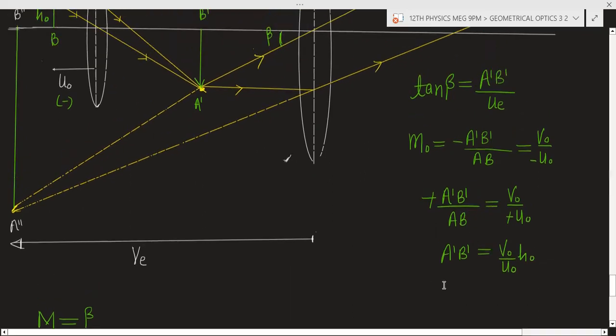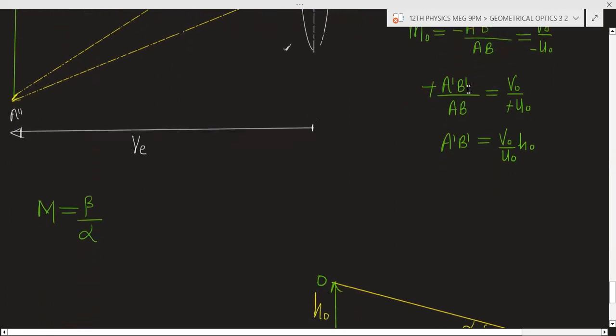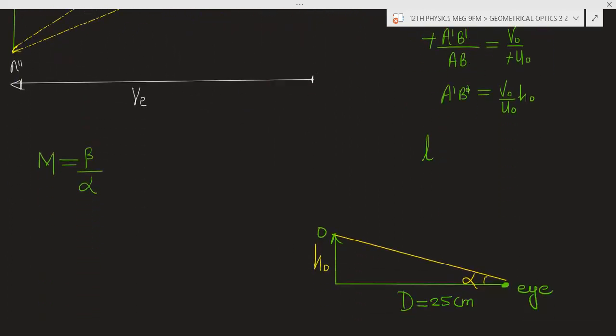Now put this A dash B dash in tan beta. When you put this in tan beta, you will get V naught by U naught into H naught divided by UE.